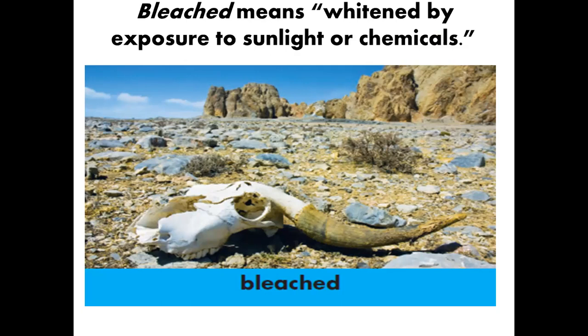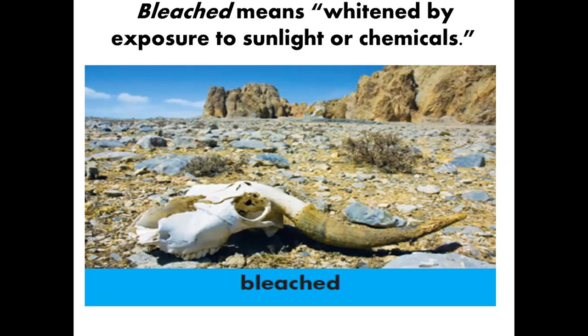This piece of land is not its usual color. Its color has been changed by what? Its exposure to sunlight or chemicals. That's why it has this whitish color that you see, like snow on it. Right, so we say it is bleached.